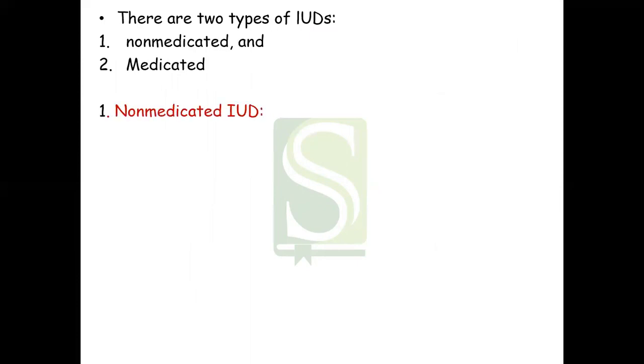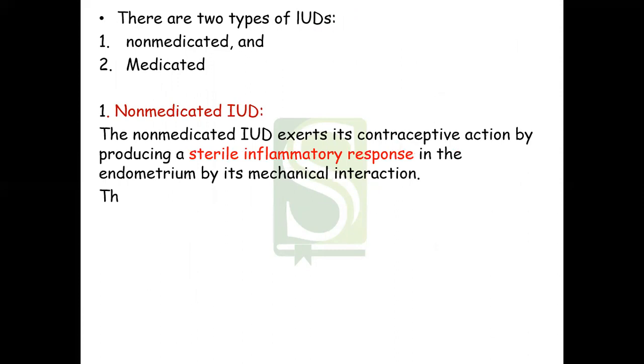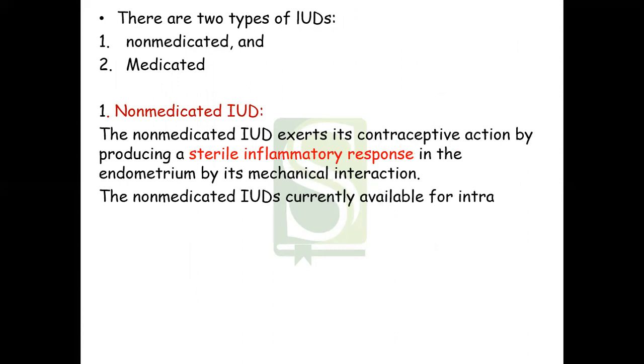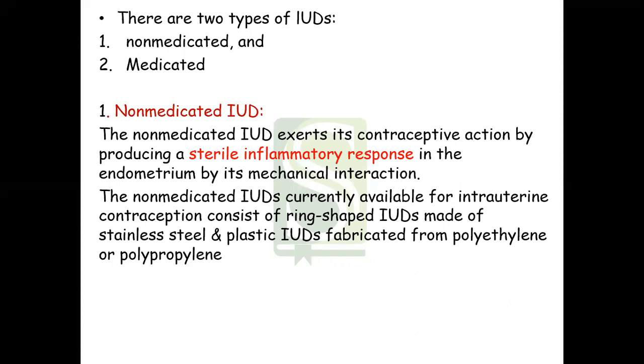The non-medicated IUD exerts its contraceptive action by producing a sterile inflammatory response in the endometrium by its mechanical interaction. The non-medicated IUD currently available for intrauterine contraception consists of a ring-shaped IUD, which is made up of stainless steel, and plastic IUD fabricated from polyethylene or polypropylene.